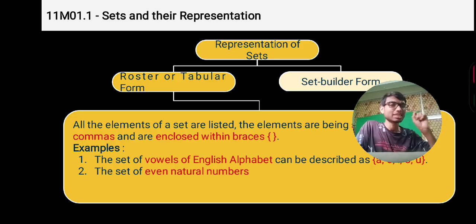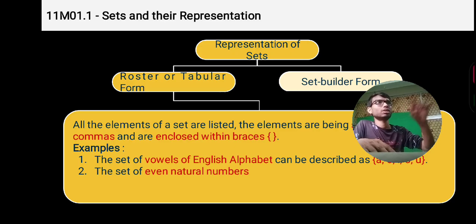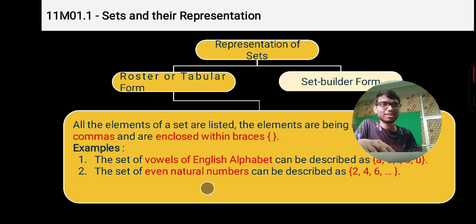It can be described, it can be represented as how? Open curly bracket, then 2, 4, 6, 8, then infinity. This comma is representing that it is infinite.